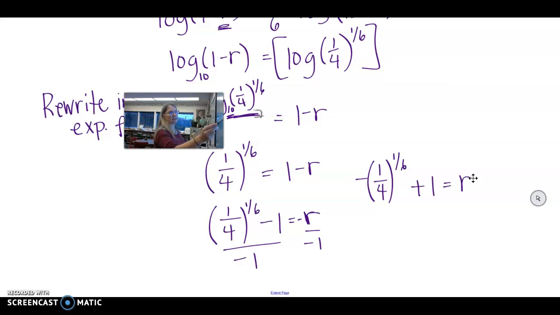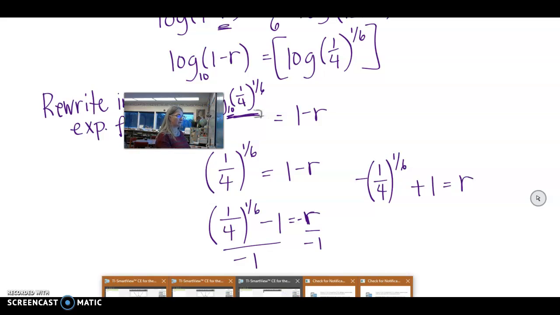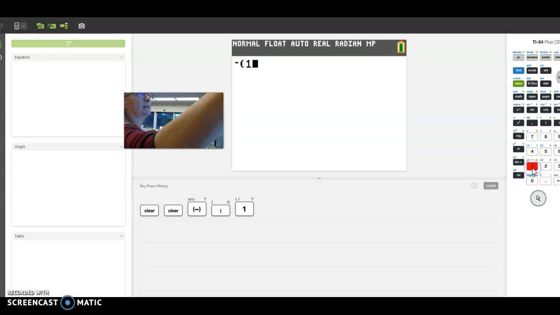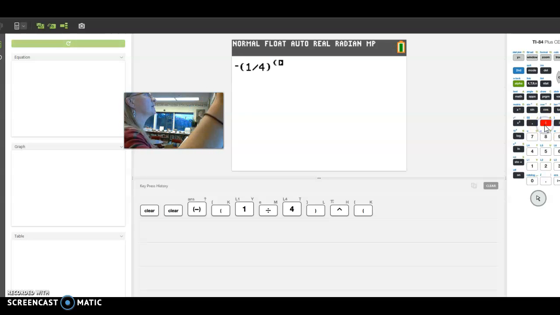Okay, so we're going to type into the calculator negative, 1/4 in parentheses, to the 1/6 power, plus 1, and we'll get our R value. So we do a negative key, then type in 1 divided by 4 to get the 1/4. Then we have to raise that to the 1/6 power.